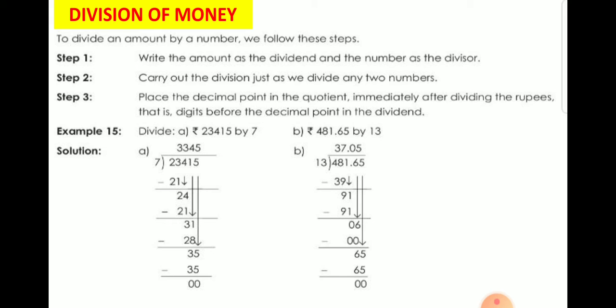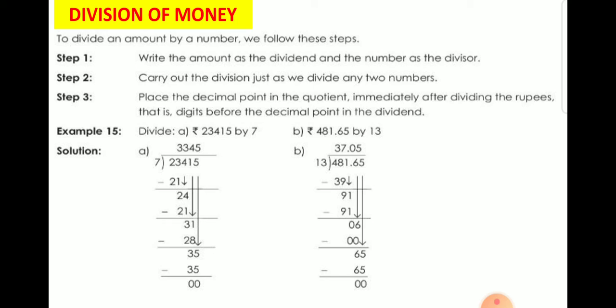We have to divide here rupees 481.65 by 13. We will make rupees 481.65 our dividend. 13 is our divisor.